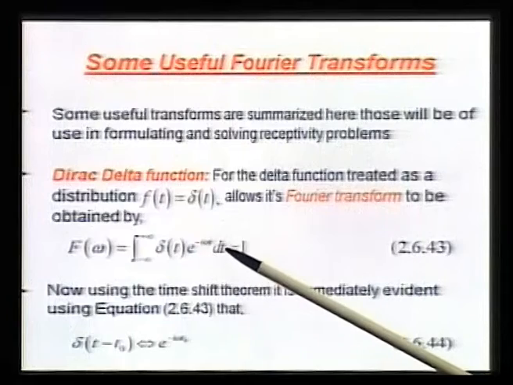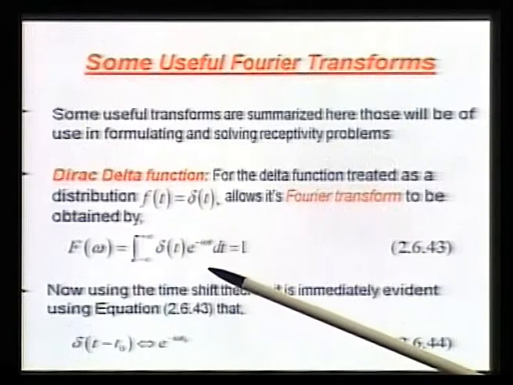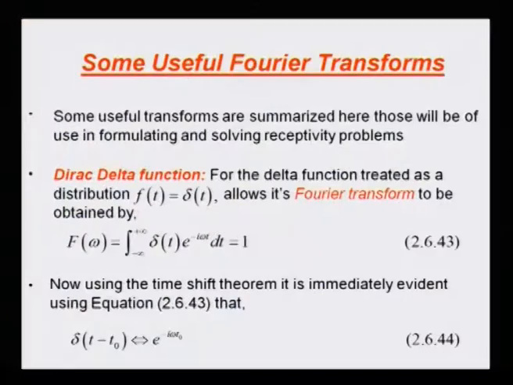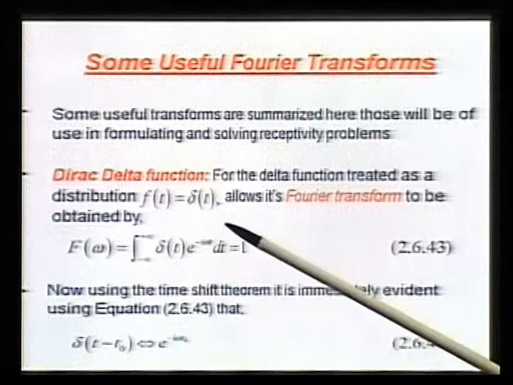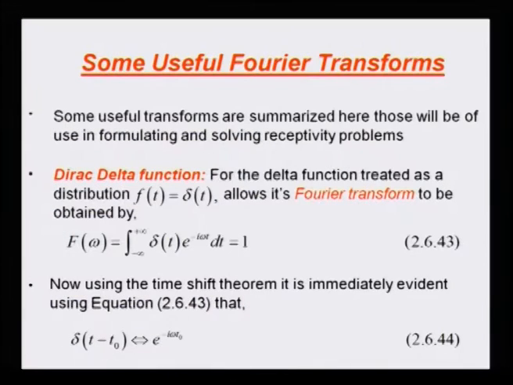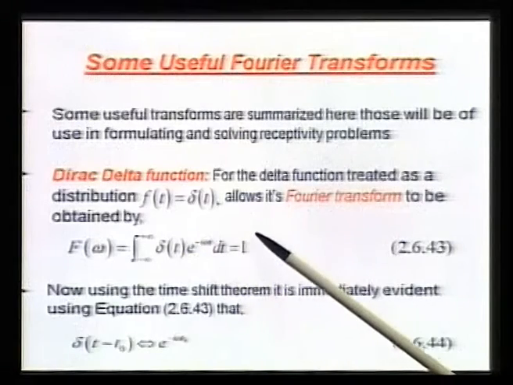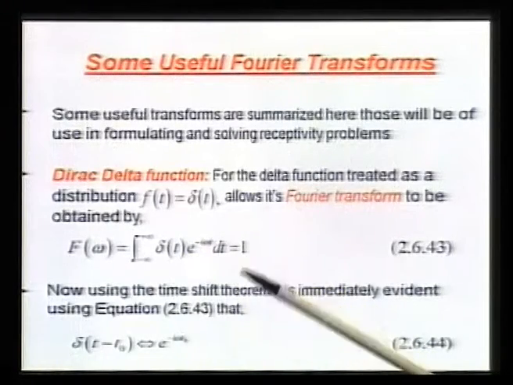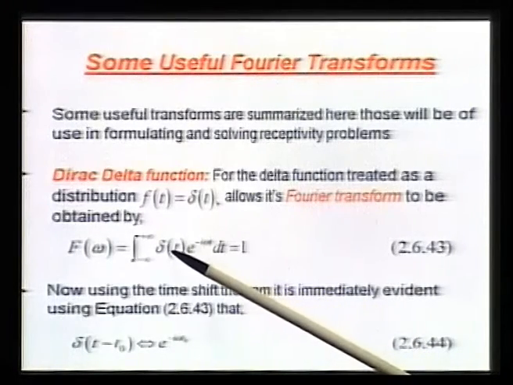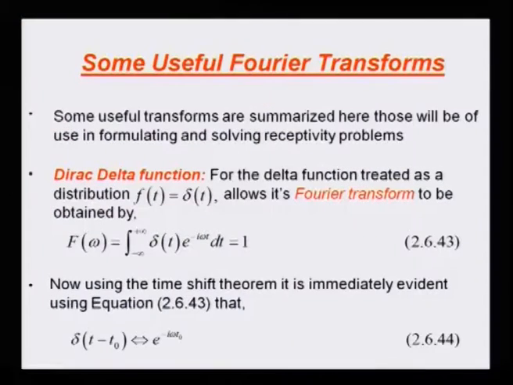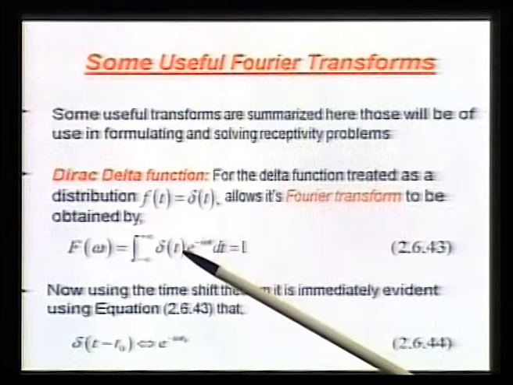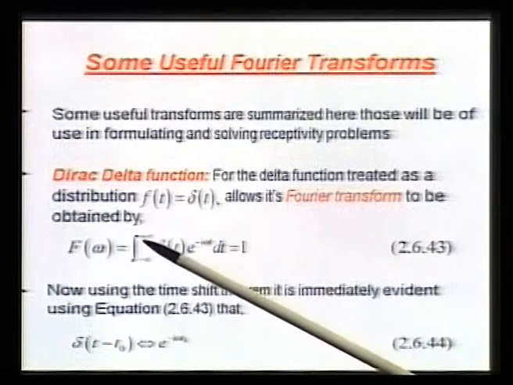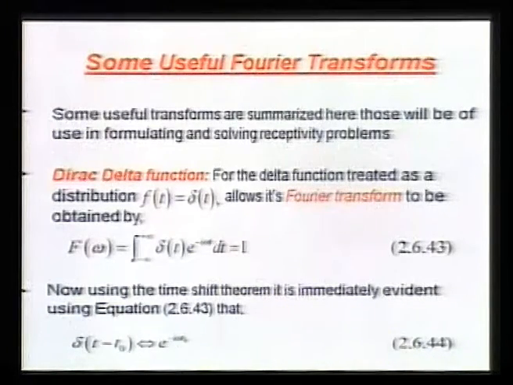Its property is that if you perform this integral, the integrand may take an unlimited value, but the integral will be limited. So, what does it mean? Delta of t is 0 when t is non-zero, and when t equals 0 it is just equal to 1. So, if I put that here and I perform the integral, this becomes 1.